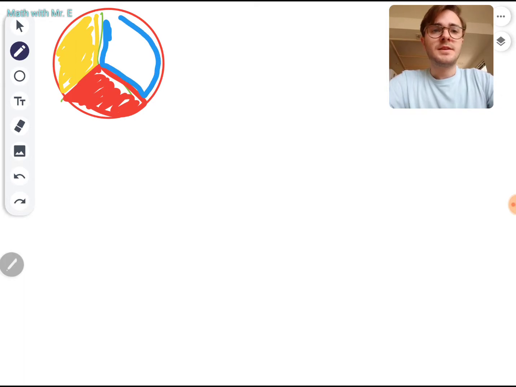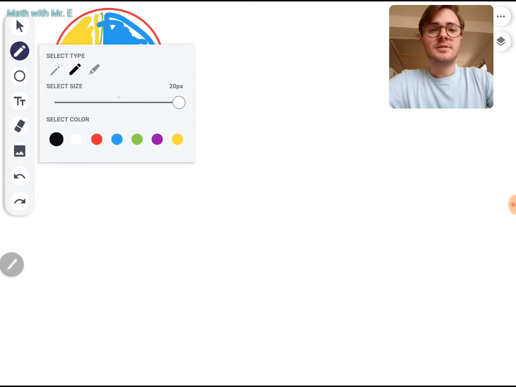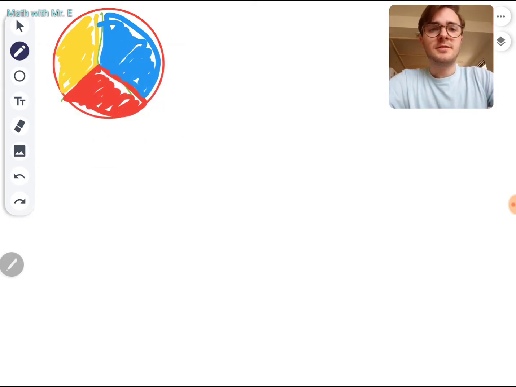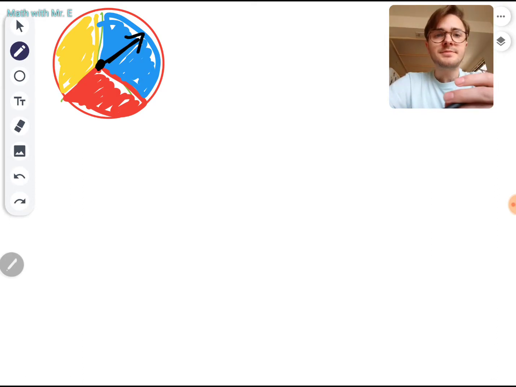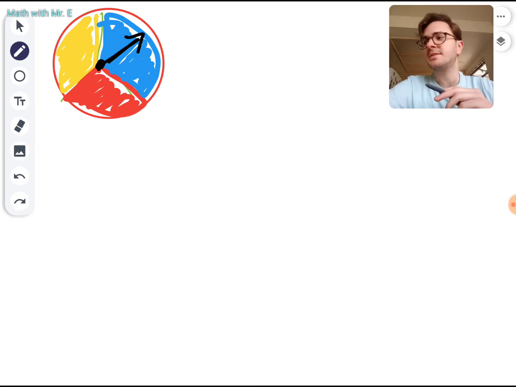Okay. So this is going to be one of those little spinners, right? Where you've got a little black spinner like this, and you spin it around, and it lands on one of these 3 colors. So in this case, we could ask, what is the probability that I would spin and land on this red color?